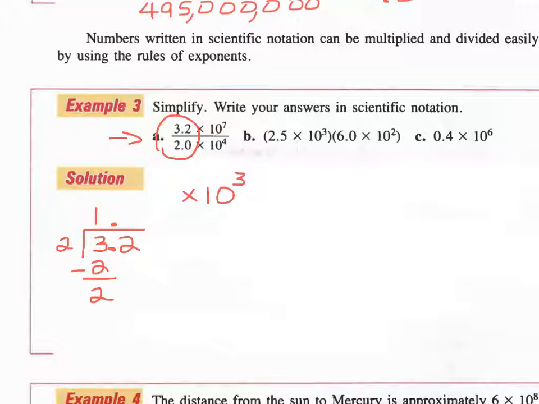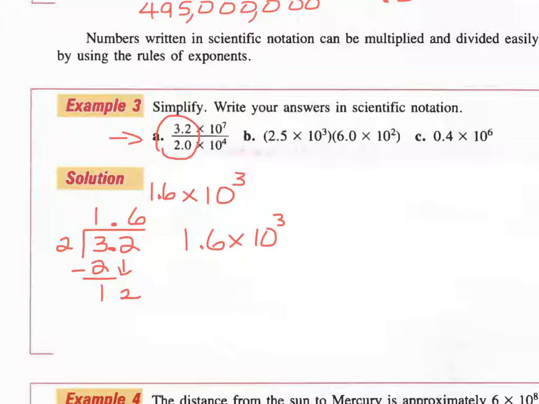Multiply, subtract, bring down, I subtracted wrong. That should be a 1. And then 2 goes into 12 6 times. So my answer here is 1.6 times 10 to the 3rd power.